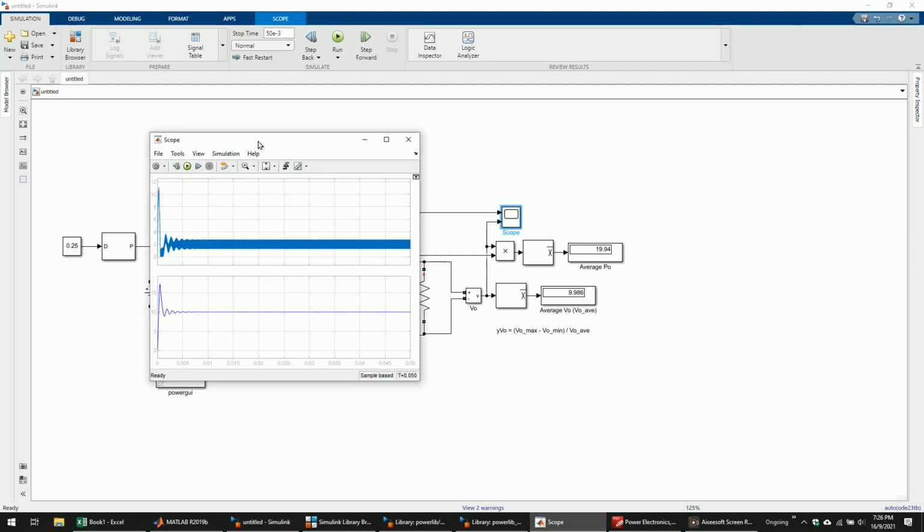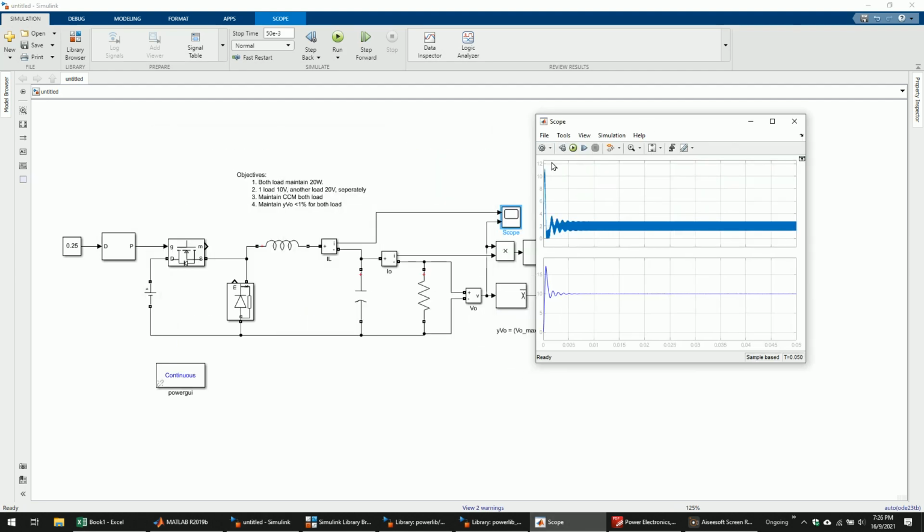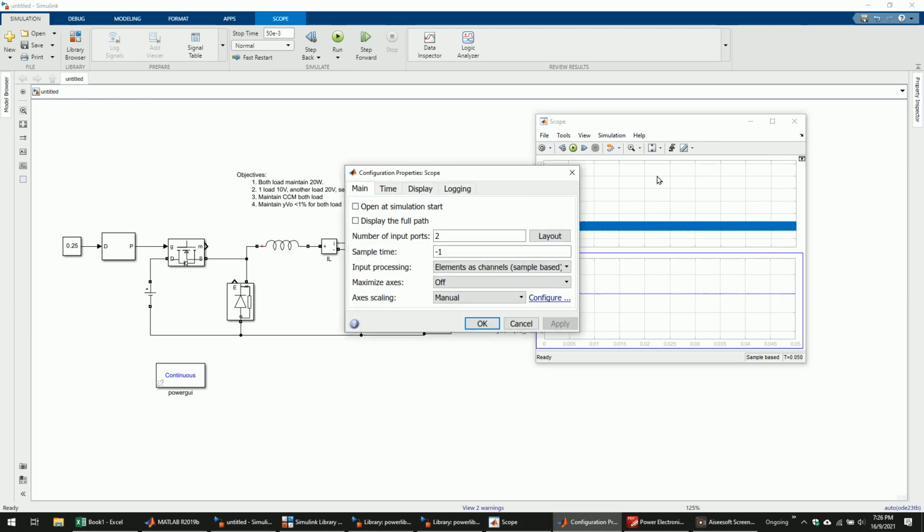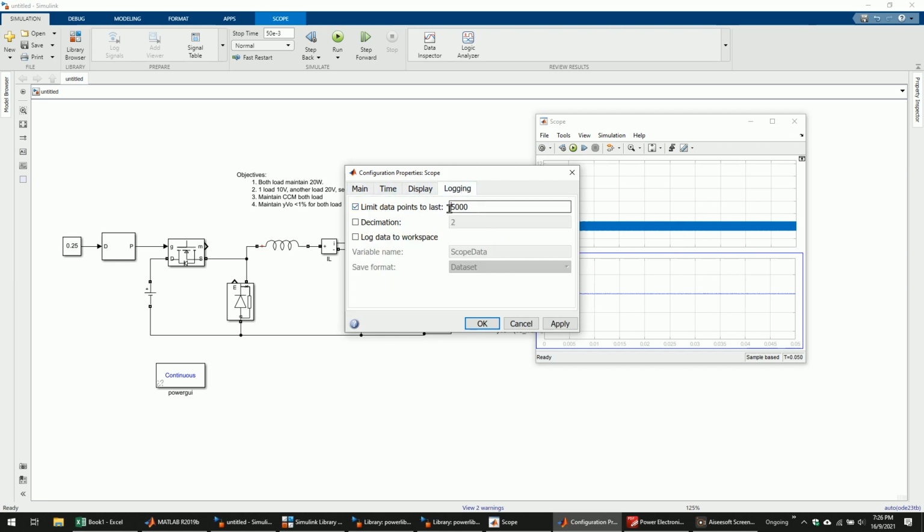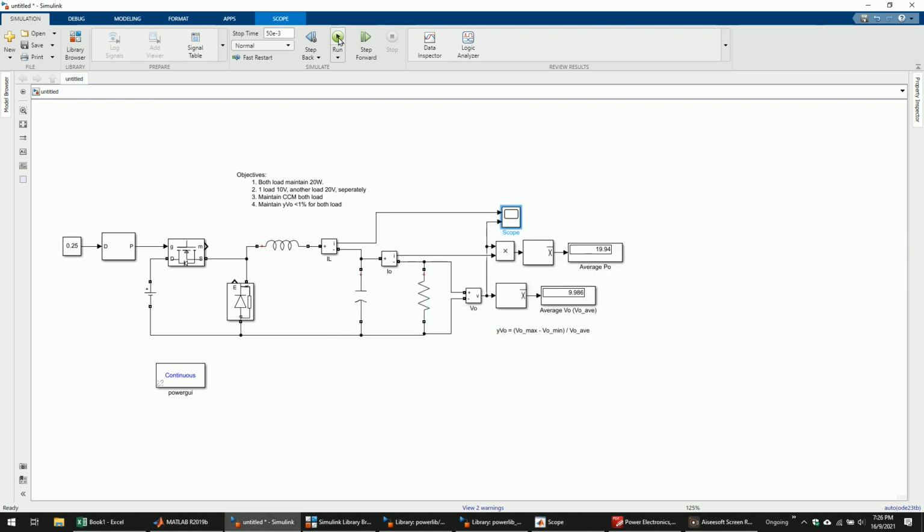So you will get this result. Because you are focusing on the steady state analysis, you just go here. Logging, you just limit it maybe around, I think 500 is enough. Limit the data point. So let's try again.